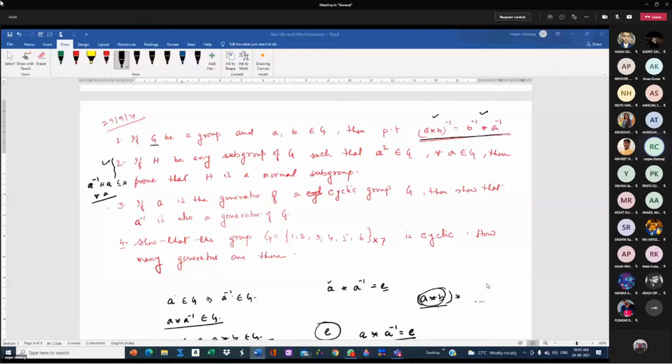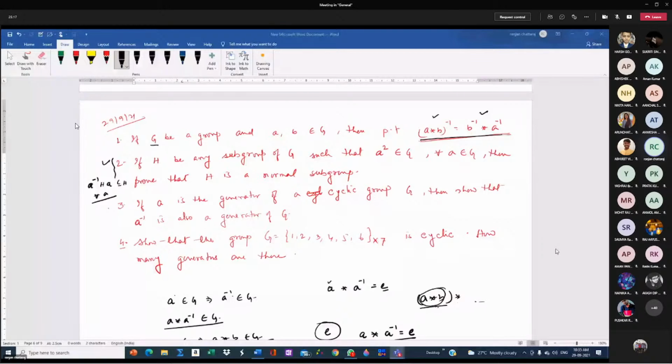If A is the generator of a cyclic group G, then show that A inverse is also the generator of that cyclic group. Question number 3 is quite easy.